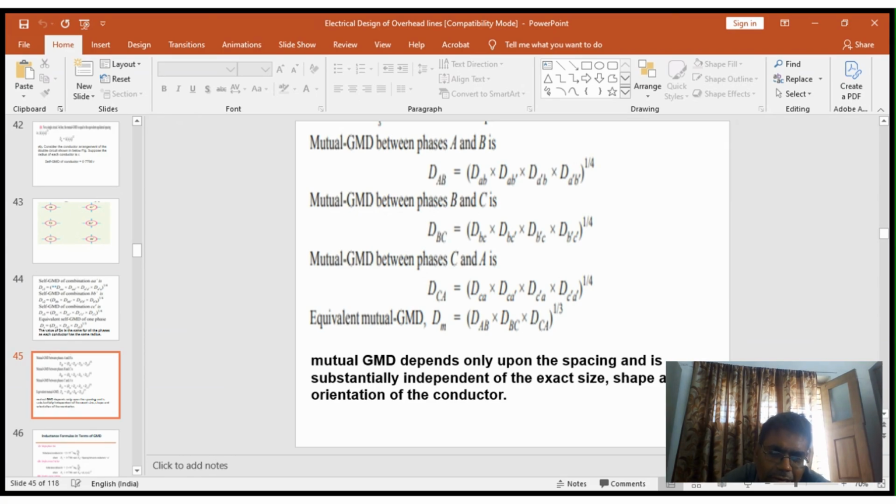Then after calculating Ds and Dm, finally the inductance of the double circuit line is 2 into 10 power minus 7 ln Dm divided by Ds. Mutual GMD depends only on the spacing between the conductors and is independent of the exact size, shape and orientation of the conductor.